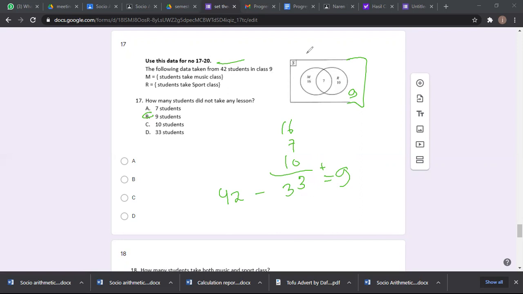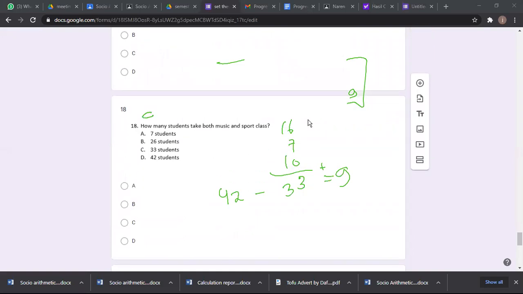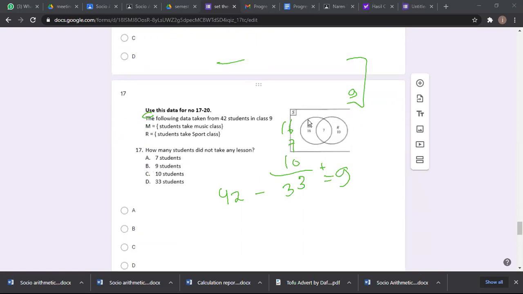Okay, we still use this data for number 18 and 19. So the question number 18 is how many students take both music and sport? So both music and sport, it means we have to find the intersection of this Venn diagram.